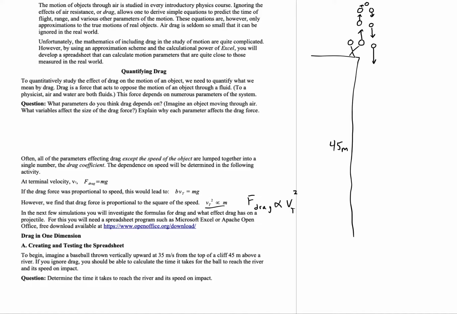Now we're going to ignore drag first, and we want to calculate the time that it takes for the ball to reach the river below. It's got VIY equal to 35. Determine the time it takes to reach the river below.